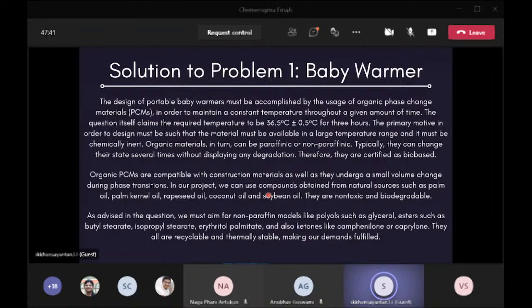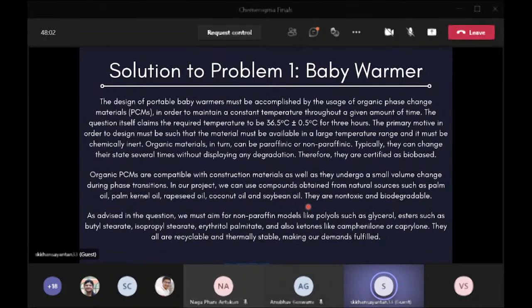They generally undergo a small volume change during the phase transitions. So we take some organic phase change materials from natural sources, such as palm oil, palm kernel oil, rapeseed oil, coconut oil, and soybean oil. They are also non-toxic and biodegradable.